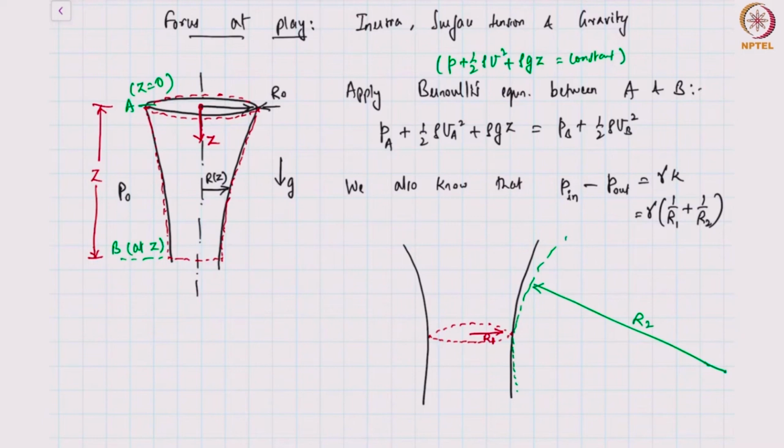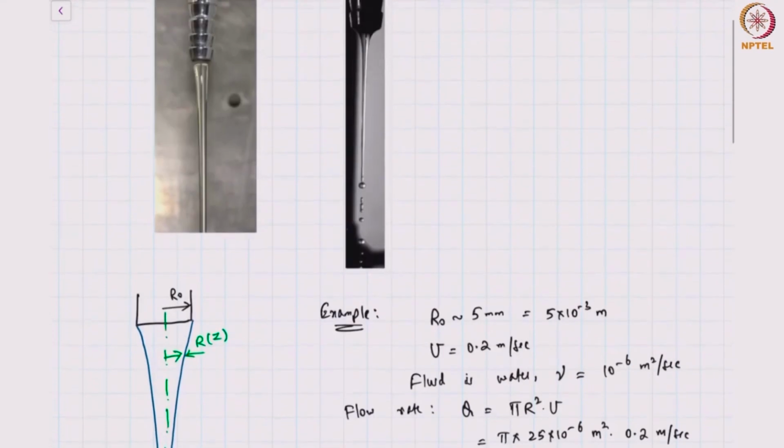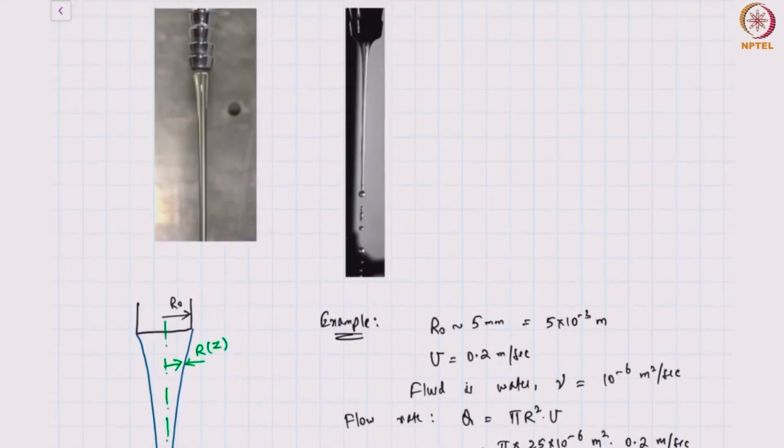Therefore, you have two radii of curvature, but they are on different sides. Typically, R2 is much larger than R1, and that's also evident in this image. You can see that the radius of the jet itself is very thin compared to the outer radius of curvature, which determines how this jet is actually thinning down.